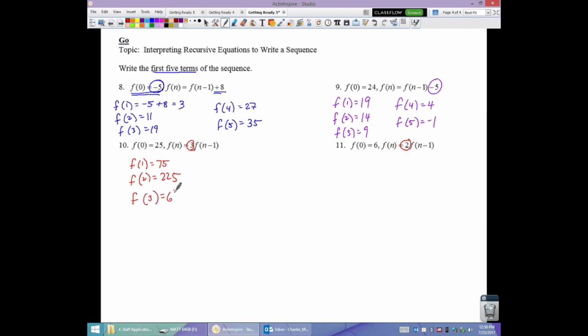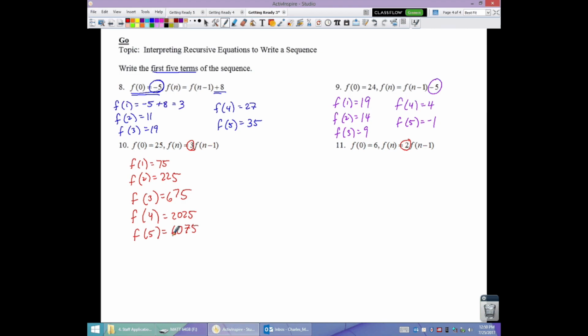Multiply that by 3, that's 675. Multiply 675 by 3, that's 2025. And multiply that by 3, f of 5 is 6,075.